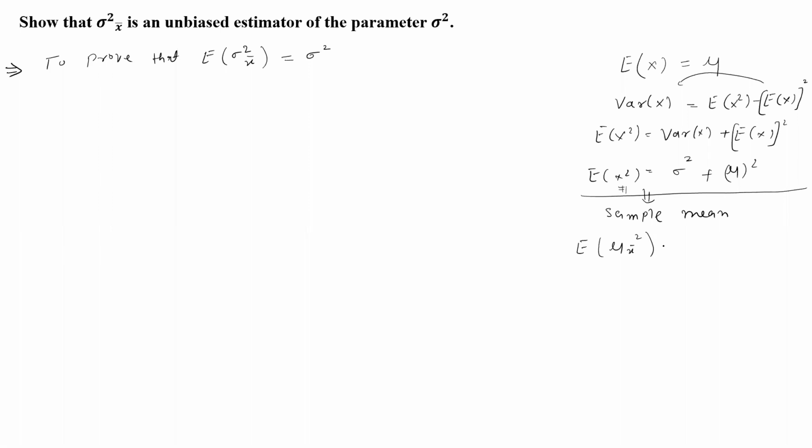Here the variance of x bar is sigma square by n, and mu of x bar is always equal to mu, so this becomes mu whole square.